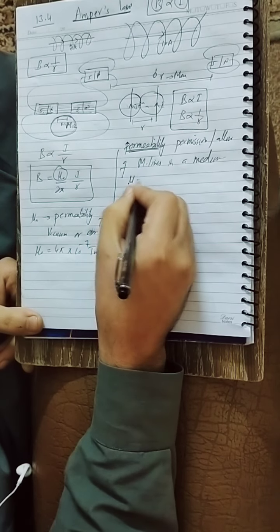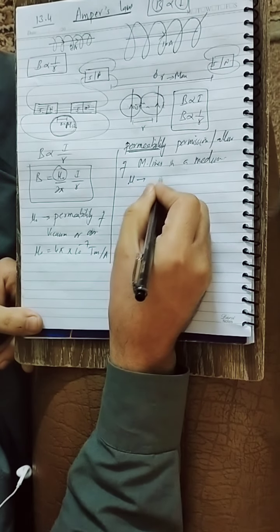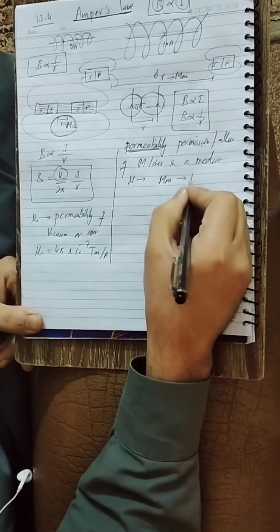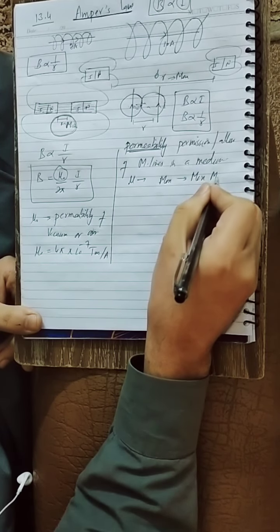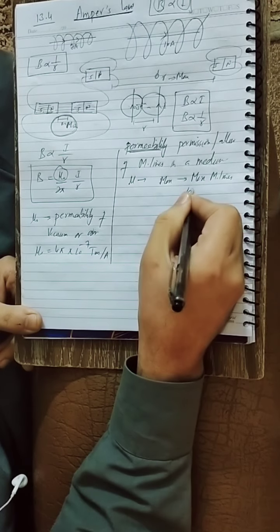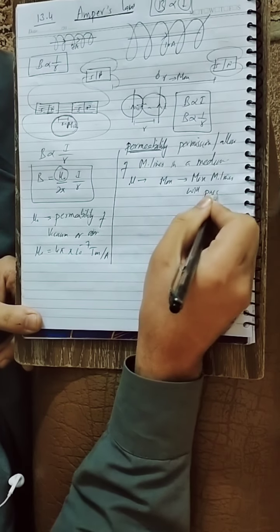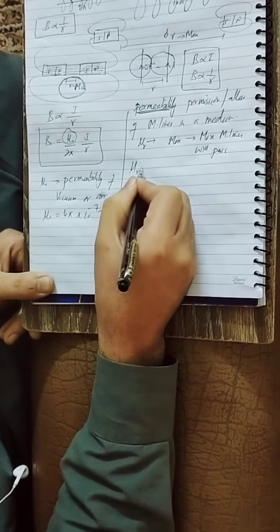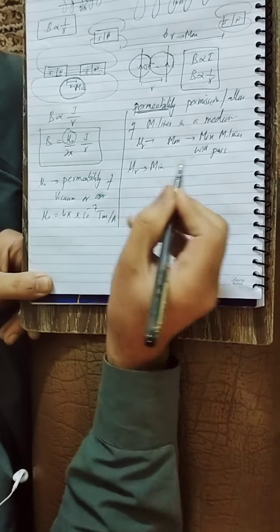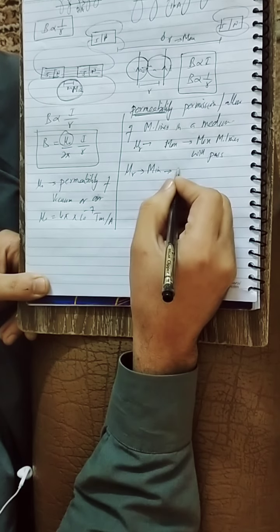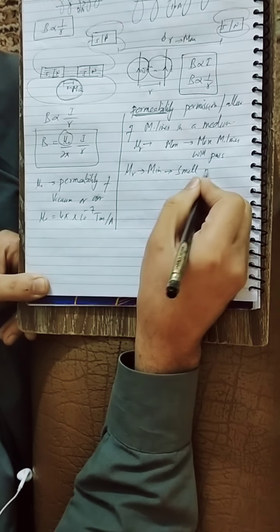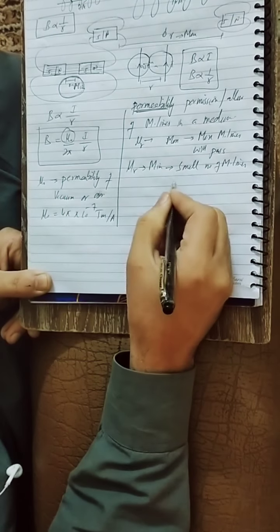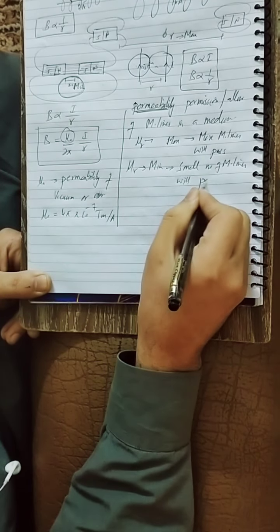It means if a medium has large permeability, maximum permeability, then maximum magnetic lines will pass through that medium. If a medium has smaller, minimum relative permeability, then a small number of magnetic lines will pass through that medium.